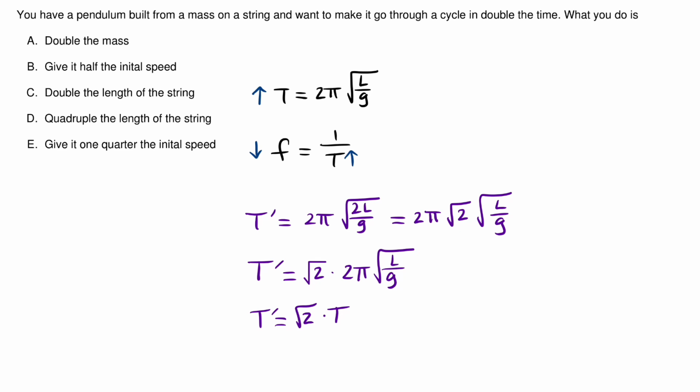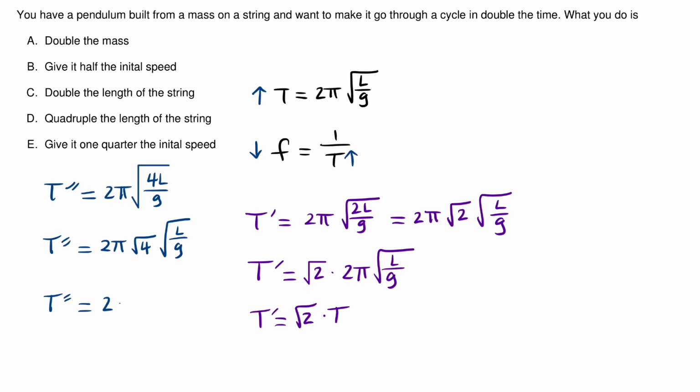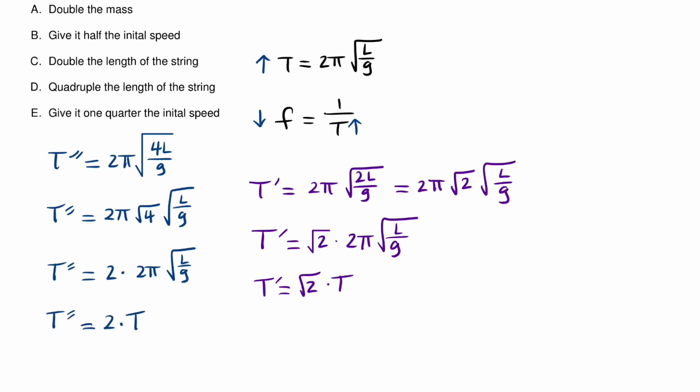Let me show the process real quick. So here I have what it looks like when I quadruple the length. Now we can see that T double prime is just like the original period increased by a factor of 2.